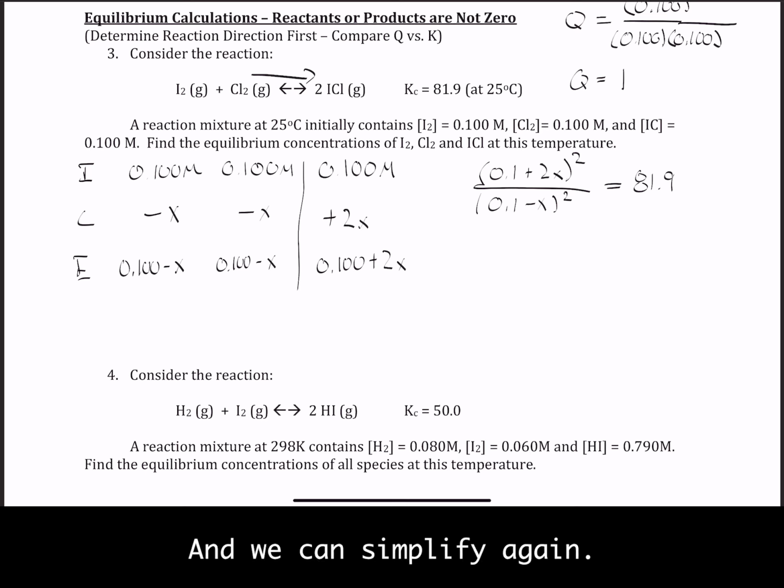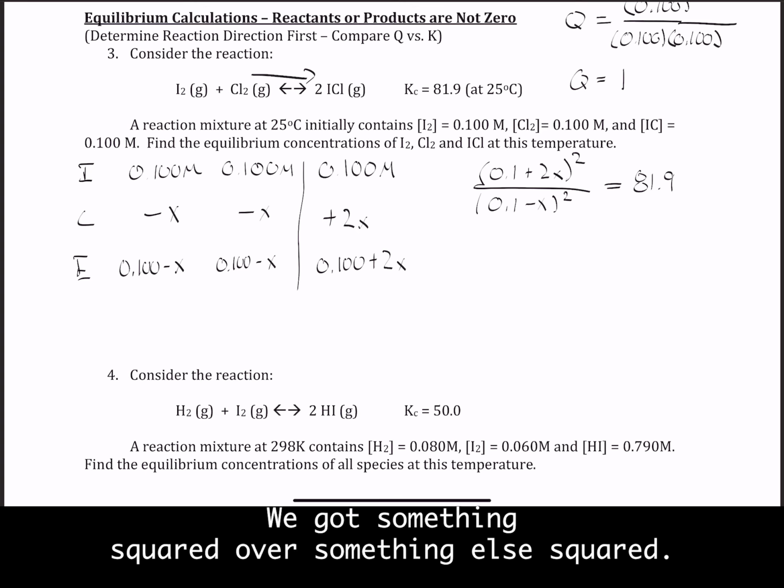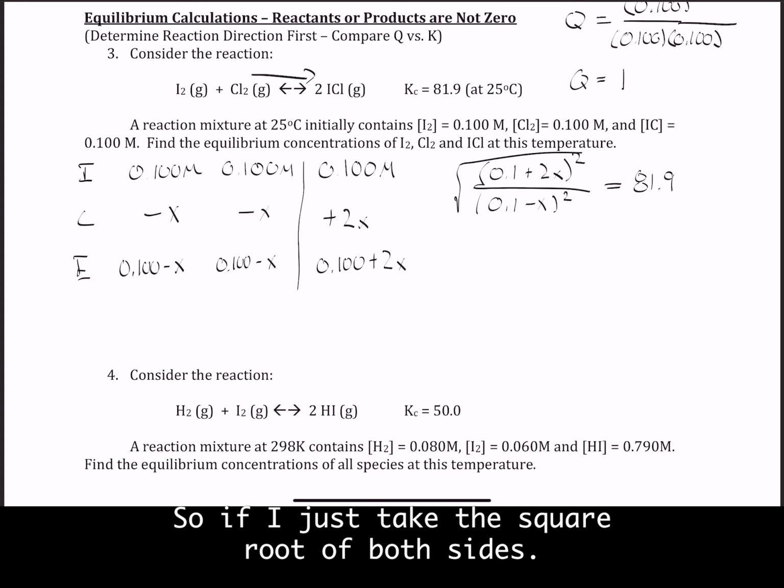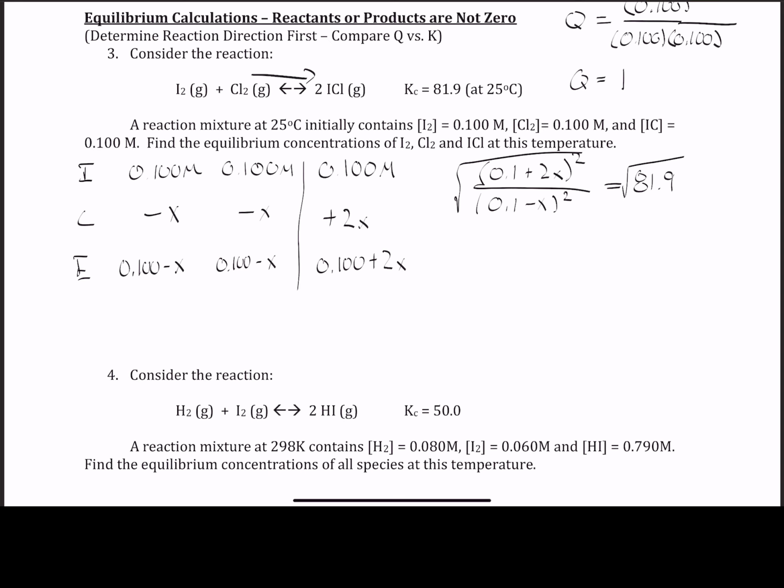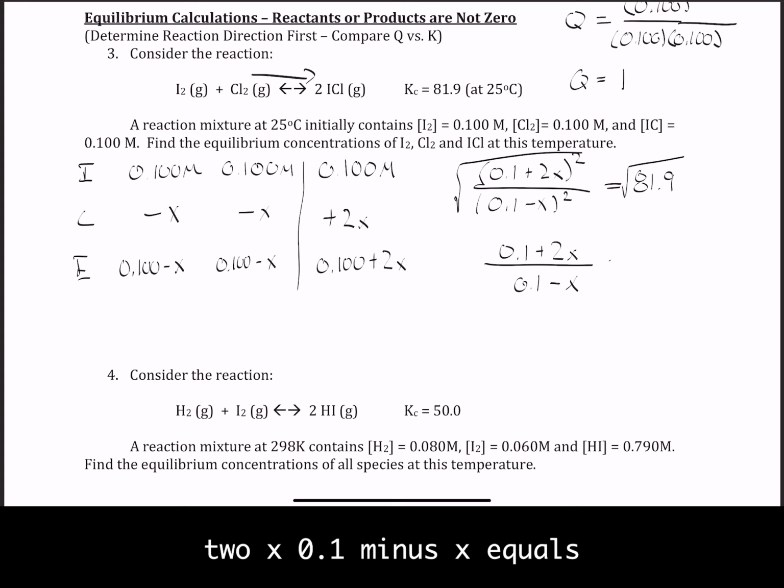And we can simplify again. Because I got something squared over something else squared. So if I just take square roots of both sides. Then this is 0.1 plus 2x, 0.1 minus x equals 9.04.